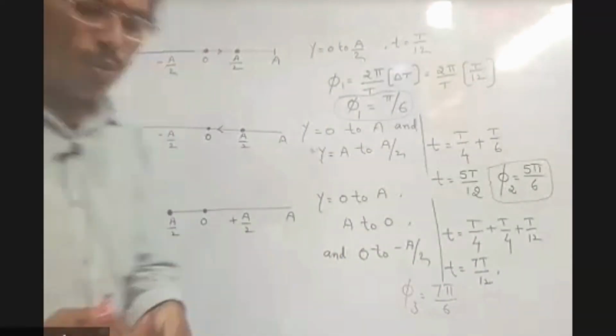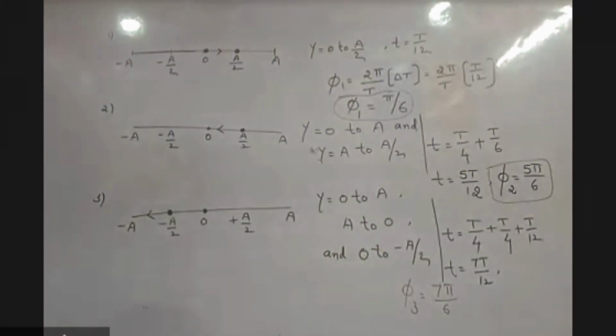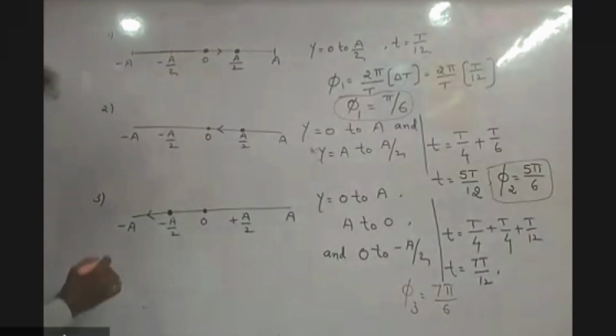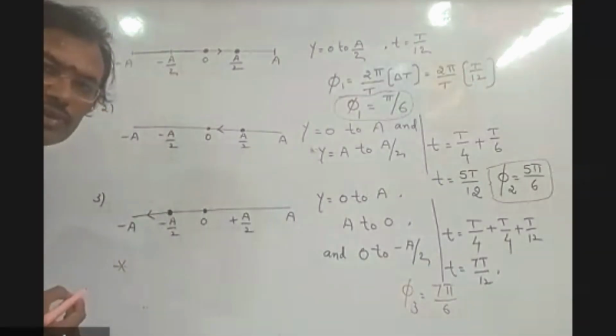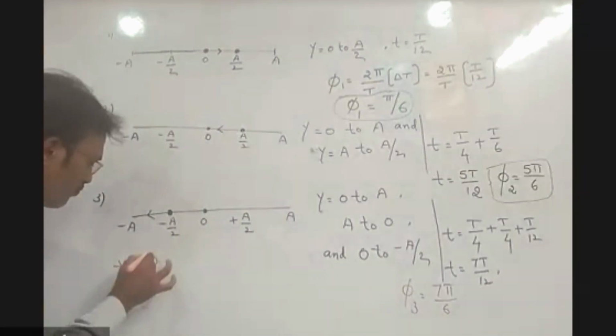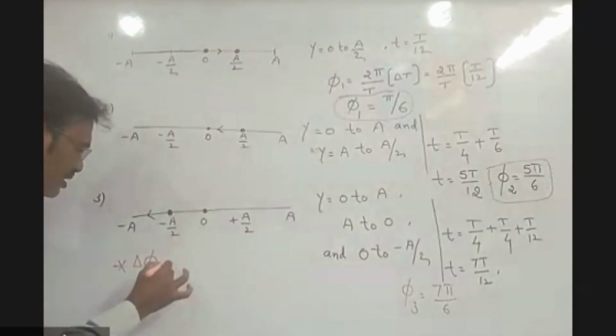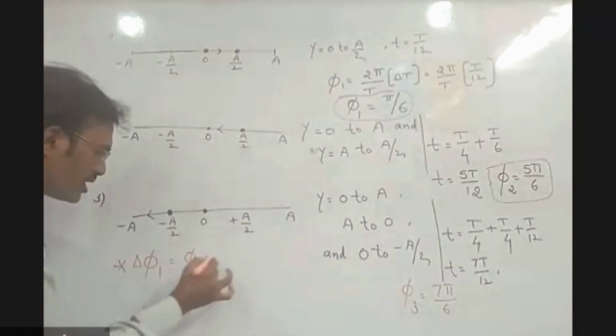Now the question is, what is the phase difference between 1 and 2 and 1 and 3? The phase difference between 1 and 2 can be calculated as delta phi 1, which is equal to phi 2 minus phi 1.